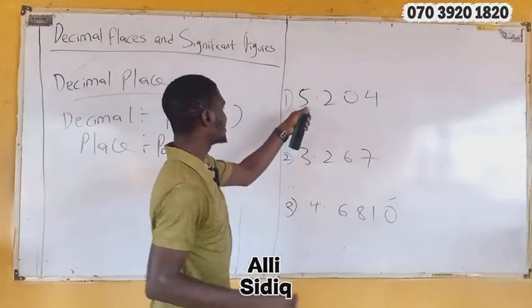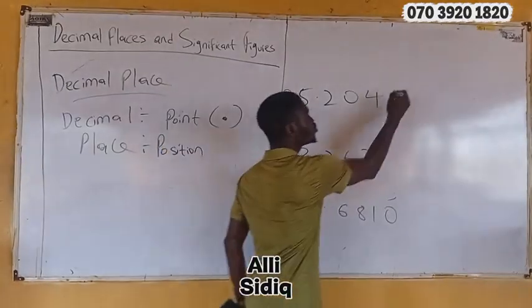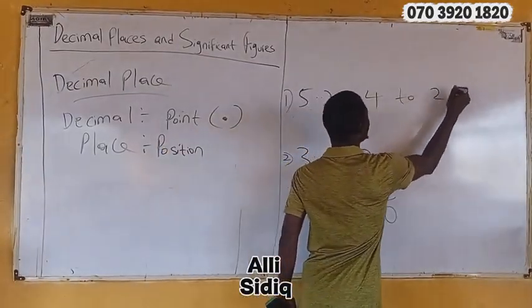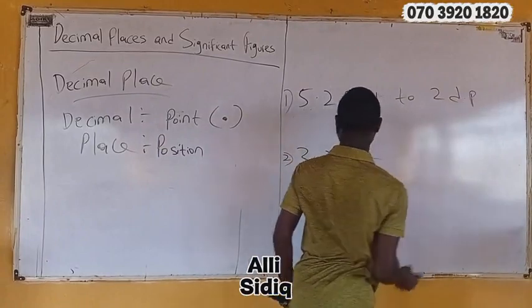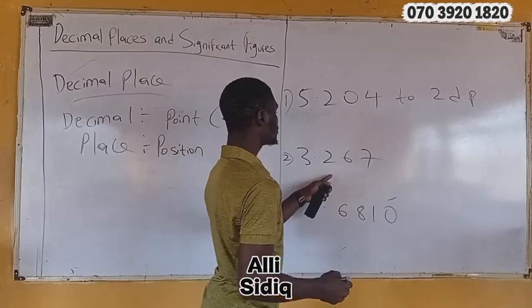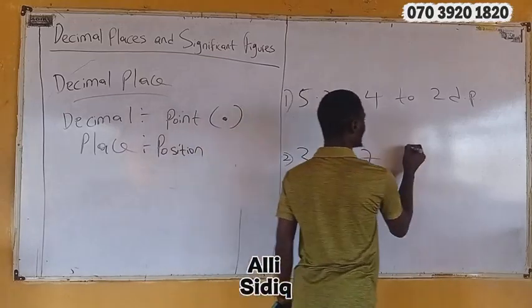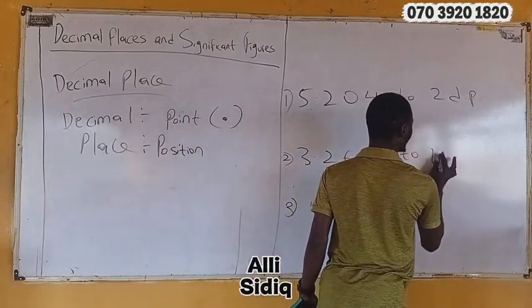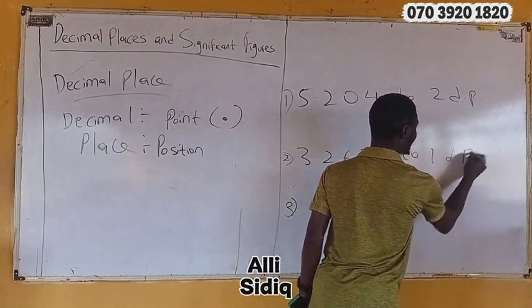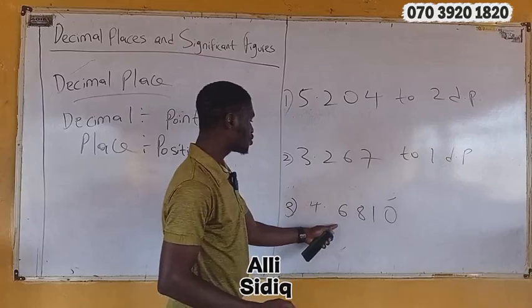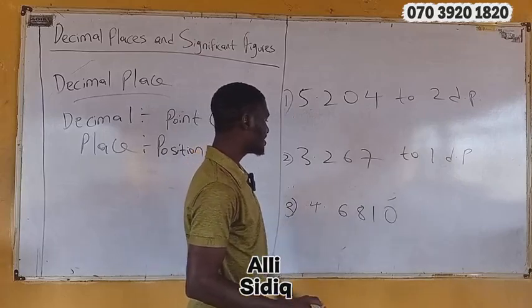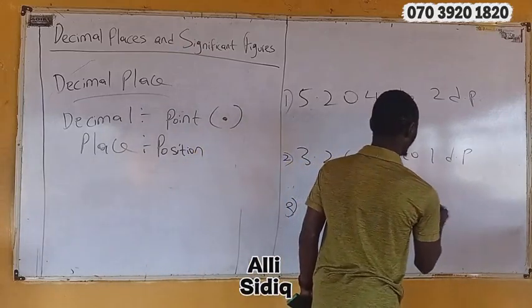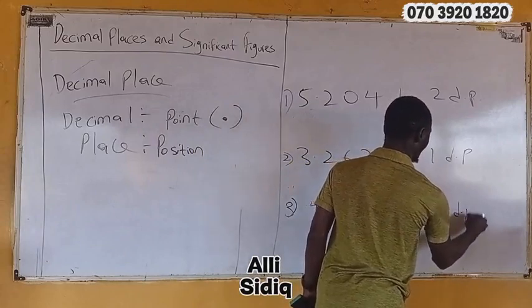And the question says that you take this first one to 2 decimal places. It says that you take this to 1 decimal place. It says that you take this to how many decimal places? Let me use 3 decimal places.